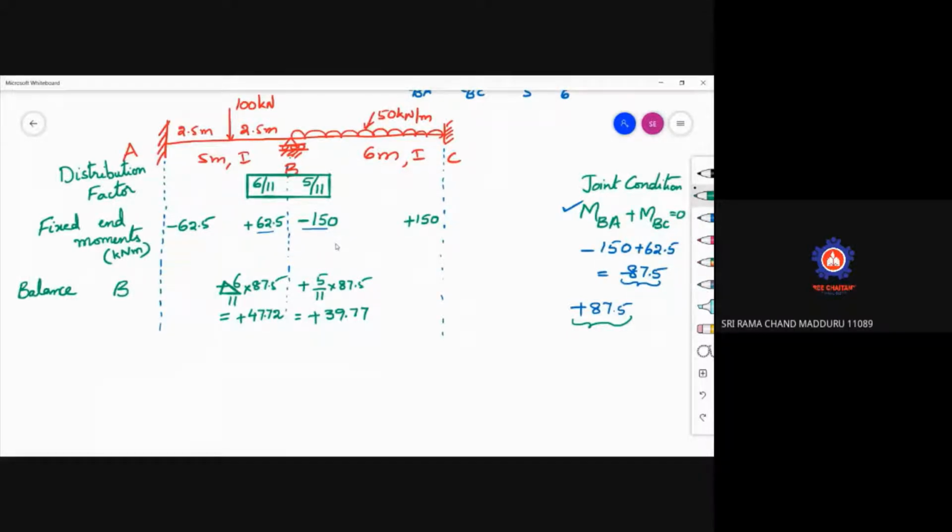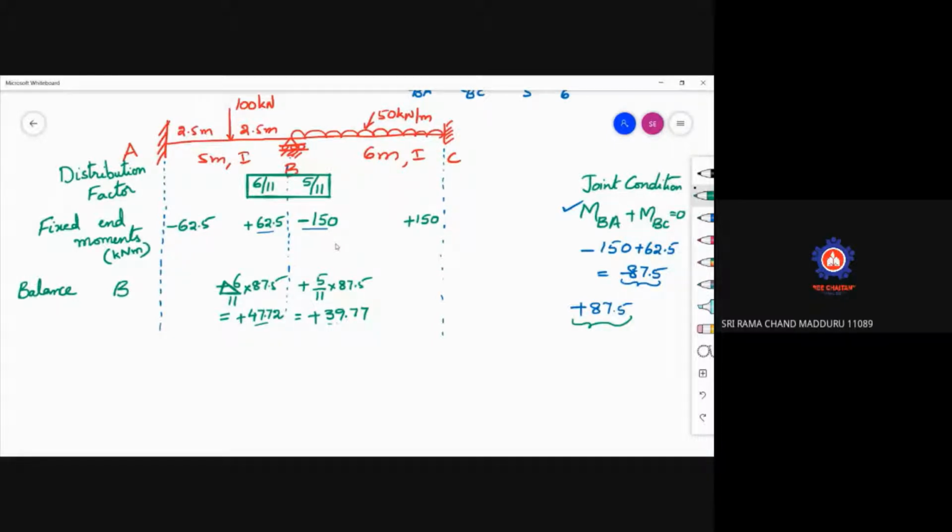When you are balancing B, just go to your theorem number 2. While writing theorem number 2, the moment M is there and this will be M1 and M2. When the far end is fixed, according to our theorem number 1, we have to consider a carryover moment.